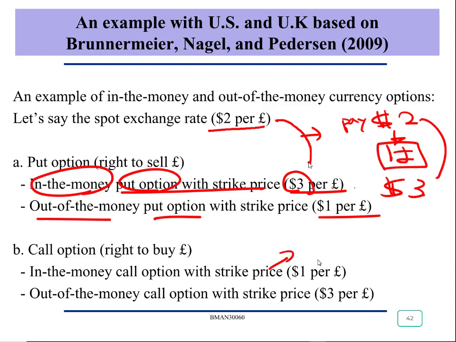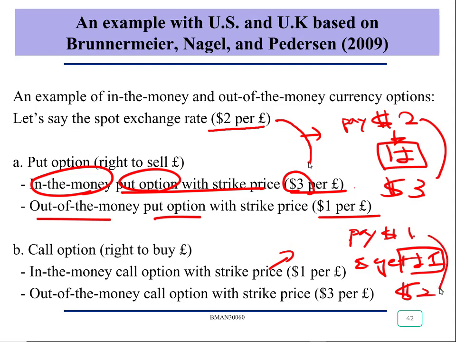If you have that right to buy 1 pound for $1, you can exercise these options, pay $1 and get 1 pound directly. By exercising this call option right away, you can sell this pound in the spot market and get $2. So the difference is going to be your profit by exercising this call option. So obviously this one is the in the money call option. By exercising this option, you can make profit.